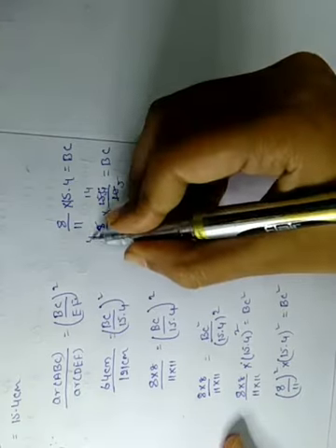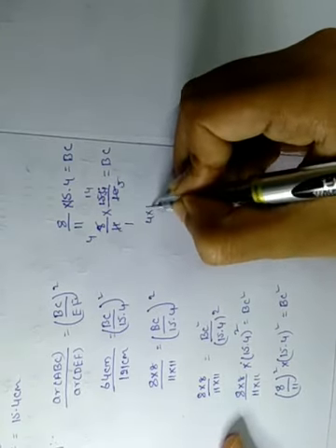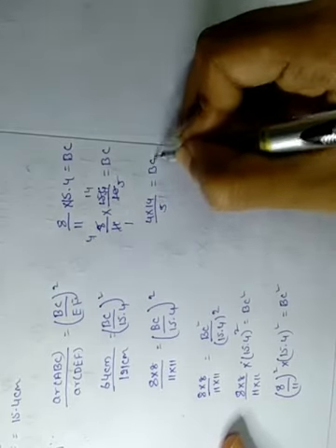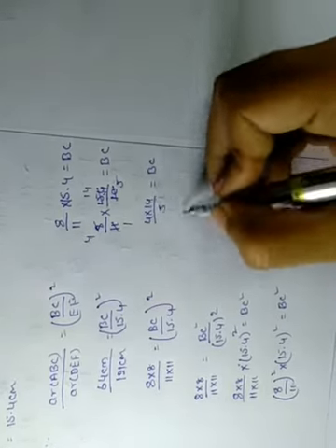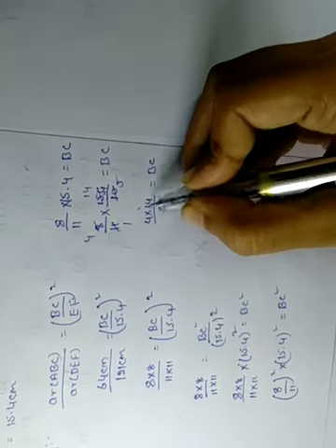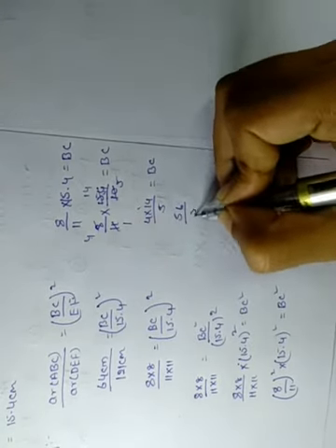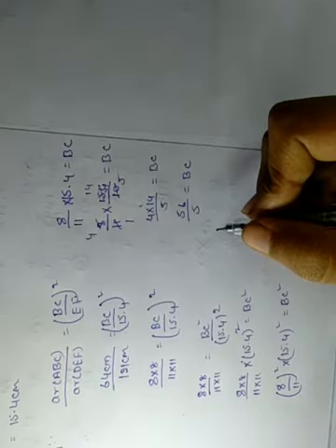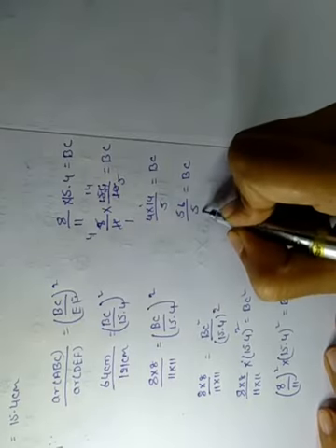Now 4 into 4 is 16, and 4 1s are 4, that is 56 divided by 5, that is equal to BC now. 56 is divided by 5 here.